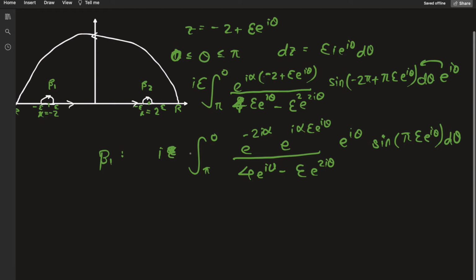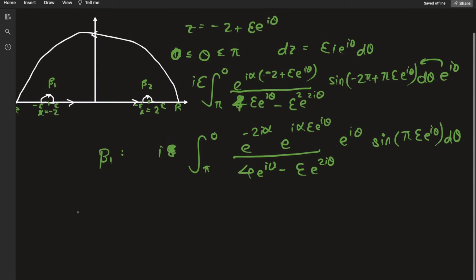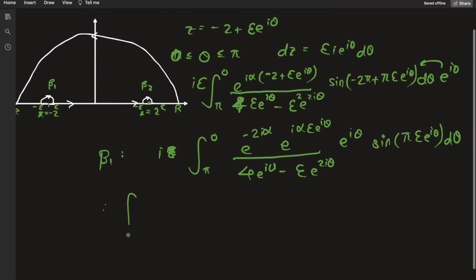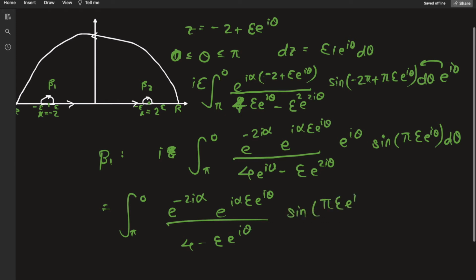Sorry, I did divide by epsilon, so I can divide by e to the I theta again. -2I alpha e to the I alpha epsilon e to the I theta over 4 minus epsilon e to the I theta, sine of pi epsilon e to the I theta d theta.